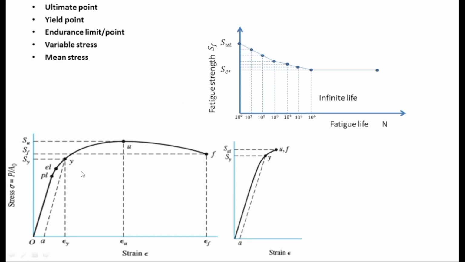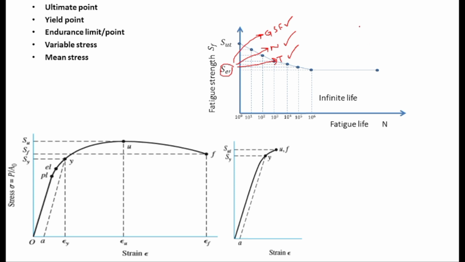Now here I want to tell you that SE dash is for an ideal machine element, means that it will have good surface finish. Similarly, there is no notch. There will be a specific temperature at which this will be calculated, and there can be some other things as well. Now if the surface finish is not good, there is a notch, due to it there will be stress concentration, and there is a different temperature under which the element will be loaded.